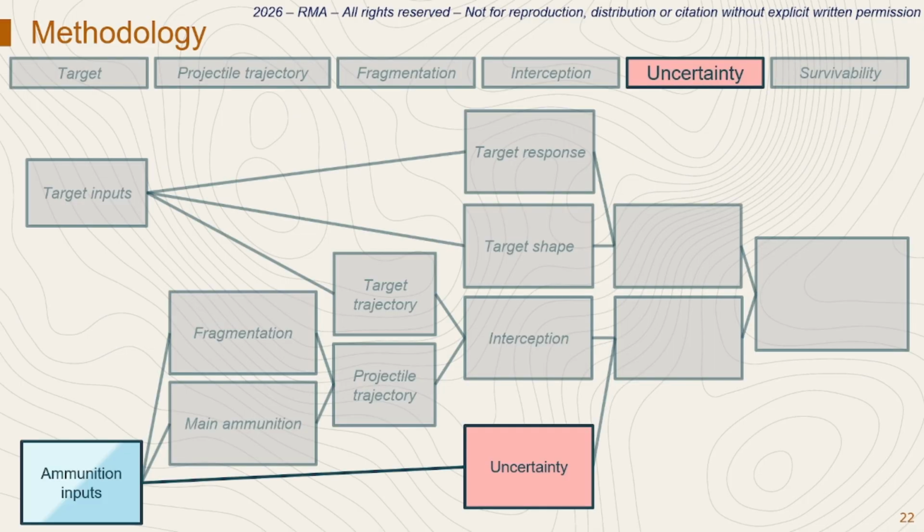Now, all the grayed out boxes are purely theoretical concepts, but ballistics is filled with uncertainties, so to ensure our methodology comes closer to reality, so to speak, we need to characterize or quantify uncertainty.